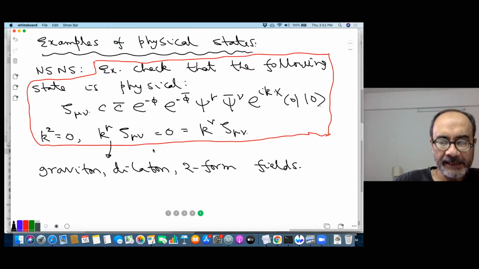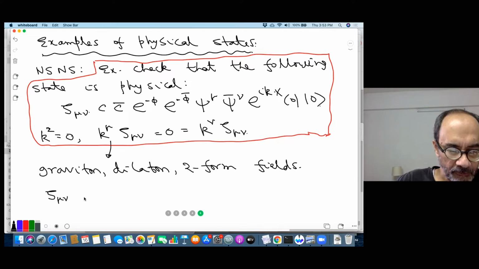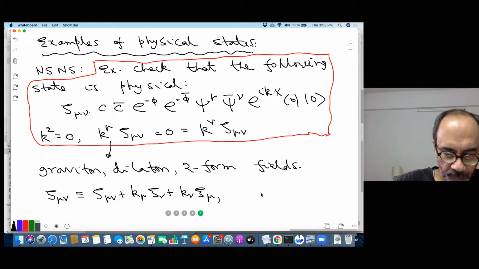Okay, and just like in the case of bosonic string theory, there is an equivalence relation which gives the gauge transformation laws. You can check that here also we have a similar equivalence relation that tells us that zeta_mu nu has to be identified: zeta_mu nu is equivalent to zeta_mu nu plus k_mu xi_nu plus k_nu xi_mu, with k dot psi equal to 0.